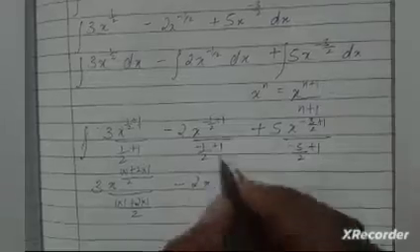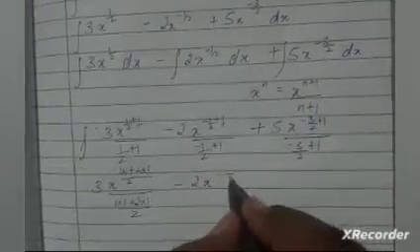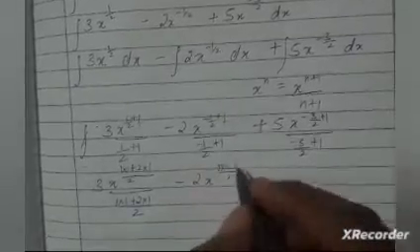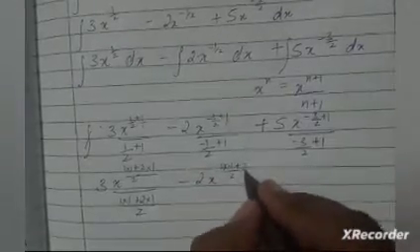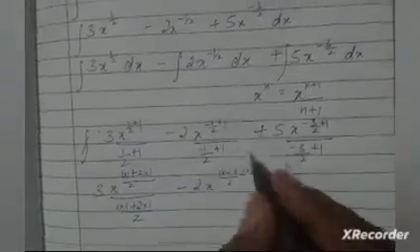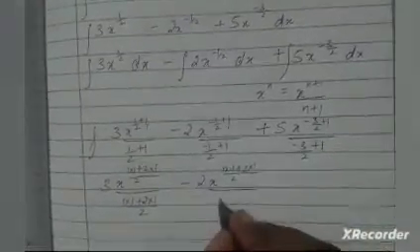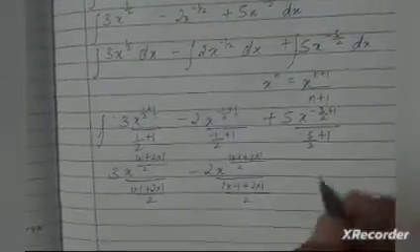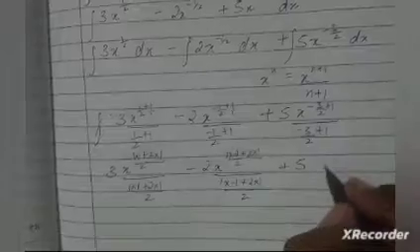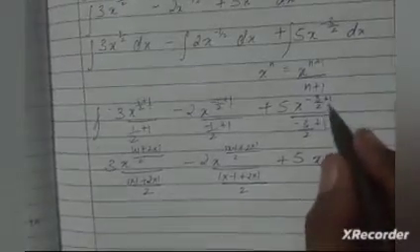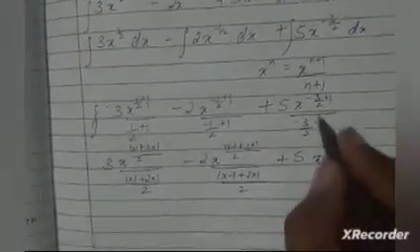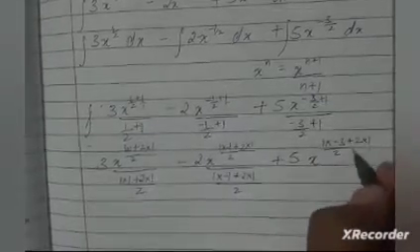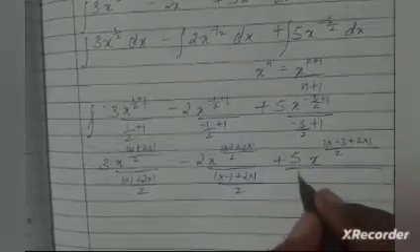Minus 2x, we will take LCM, 2 1s are 2 multiplied by this minus 1 plus 1 2s are 2 multiplied by this minus 1, and same in the denominator. Plus 5 x raised to, we have to take LCM, 2 1s are 2 into minus 3 plus 1 2s are 2 into 1, same in the denominator.